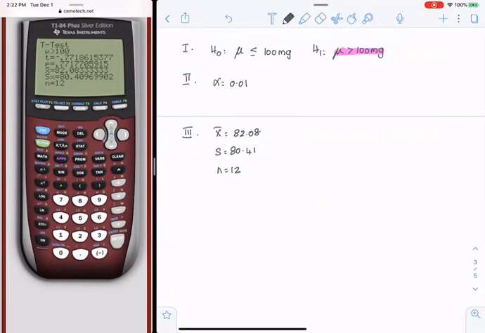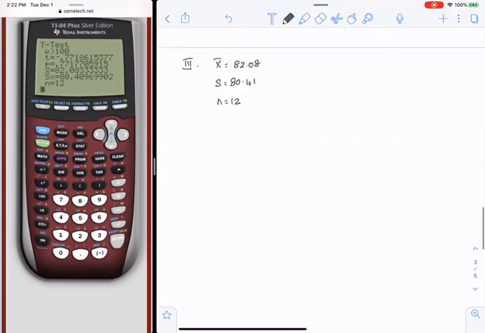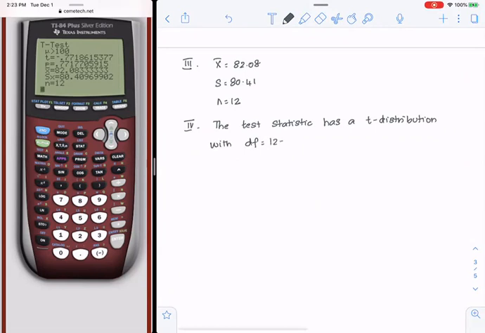Step 4 is simply the distribution of the test statistic. But in this case, the degrees of freedom is n minus 1, so it would be 12 minus 1.